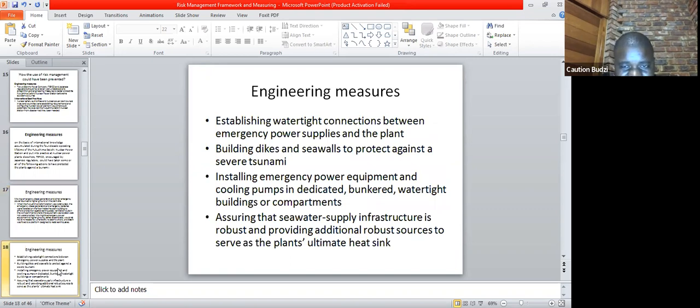Another engineering measure was to establish watertight connections between emergency power supplies and the plant. There were no watertight connections, so these power supplies were exposed to floods.